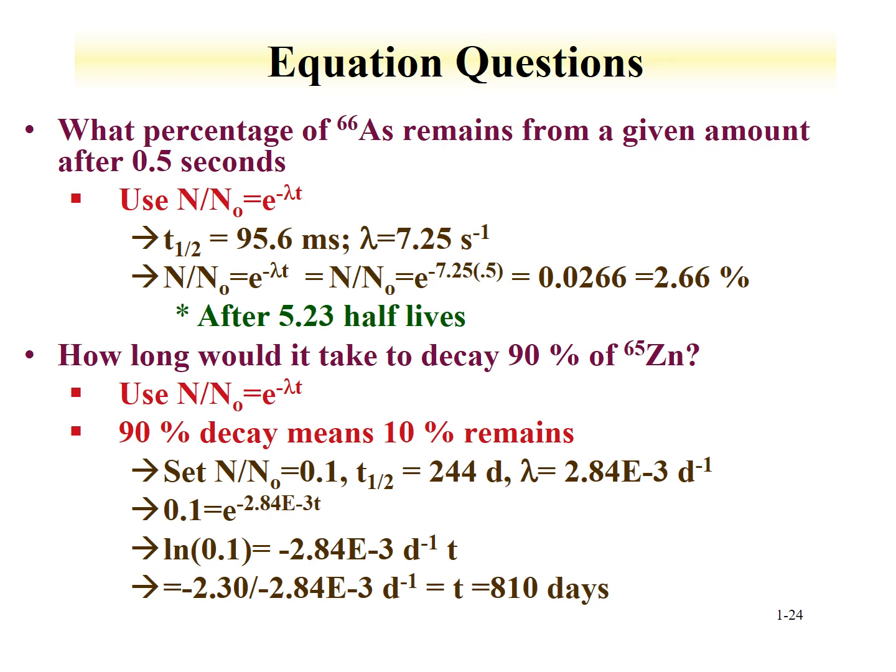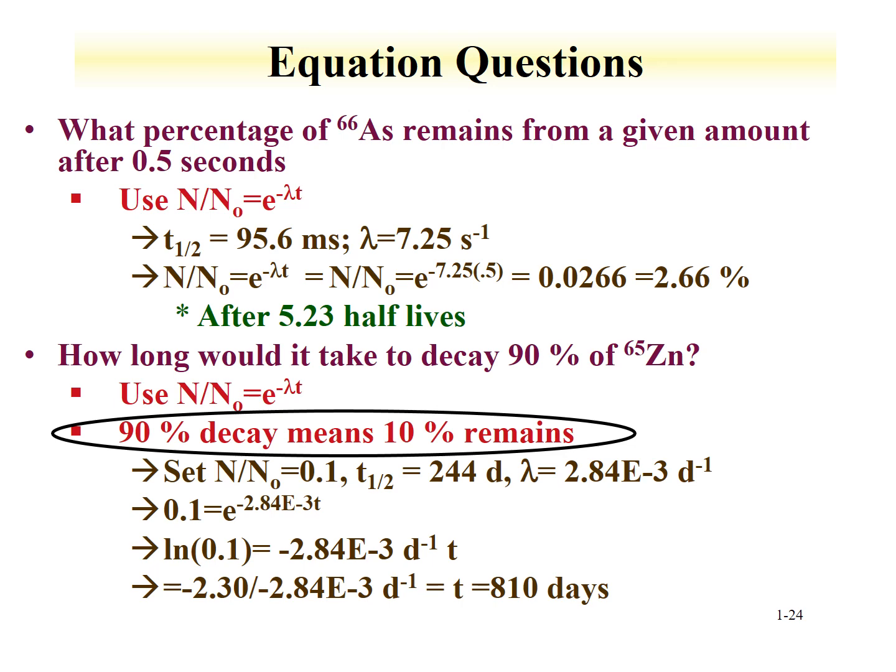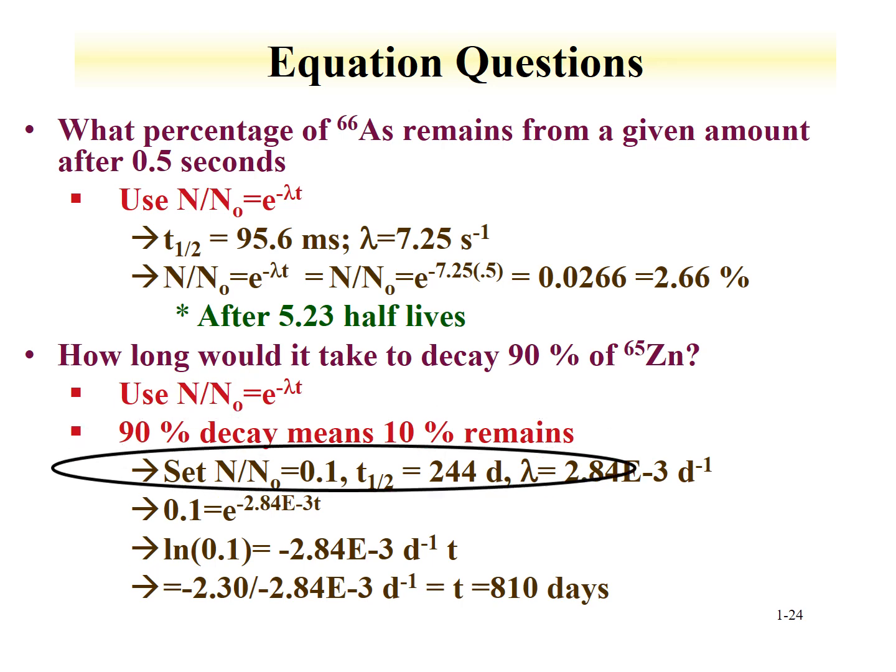As an example of that equation, how long would it take for 90% of a given isotope, in this case zinc-65, to decay? Well, let's use this equation again. However, we need to set up so that if we're talking about 90% of it decaying, the amount that remains is 10%. So you take 100 minus the percentage that you're interested in, and that will give you this ratio value, which I show is here.